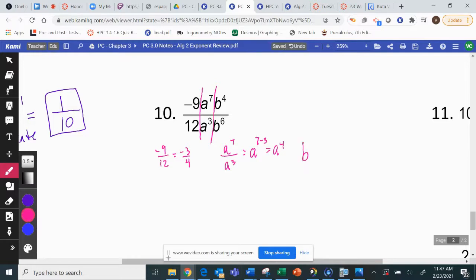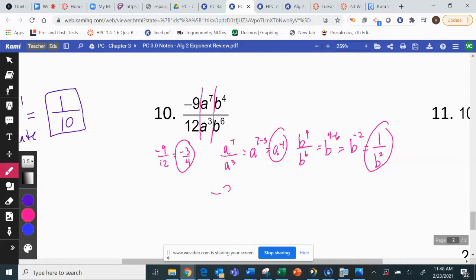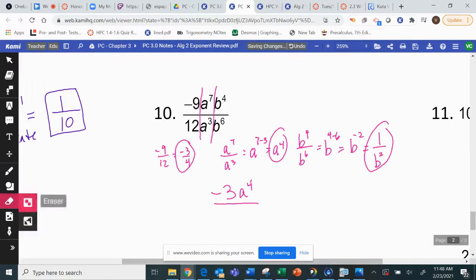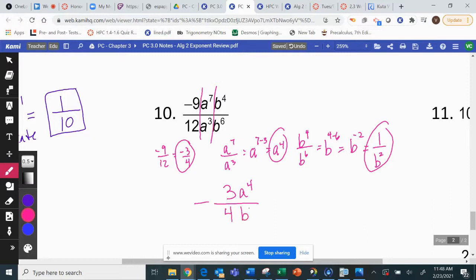And then b to the 4th over b to the 6th is the same thing as b to the 4 minus 6, which is b to the -2, which is 1 over b squared. So now I'm just going to recombine these 3 things. -3 and a to the 4th are on top. Actually, the negative's just out front, sorry. And then on the bottom, 4b squared.